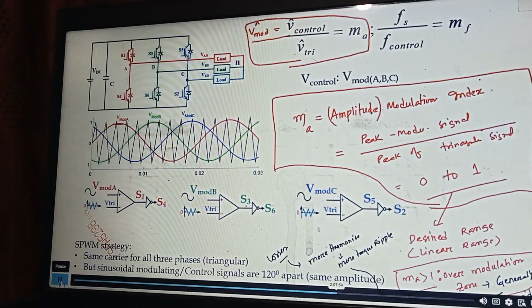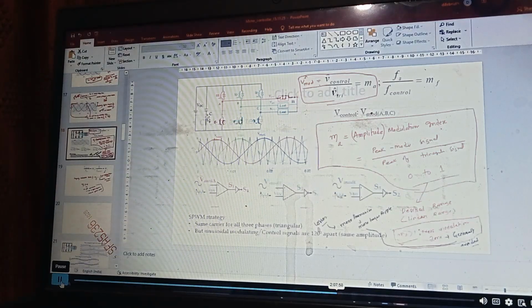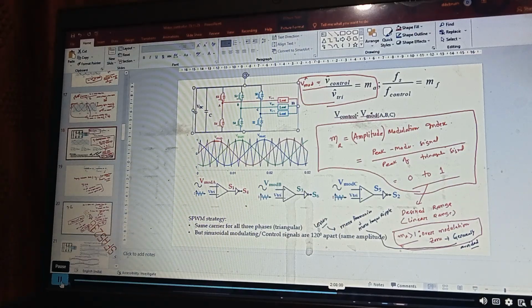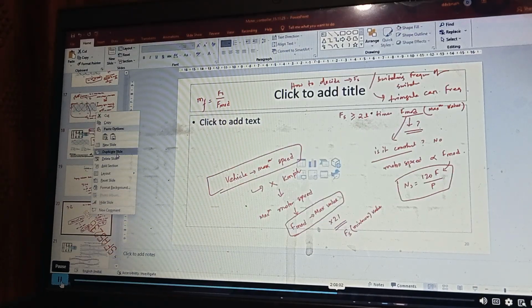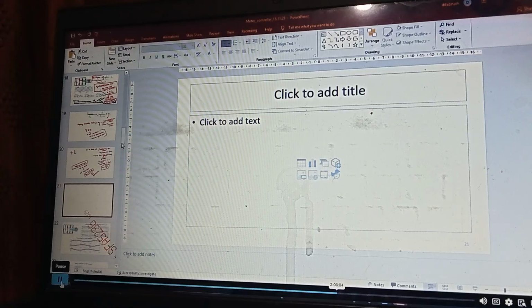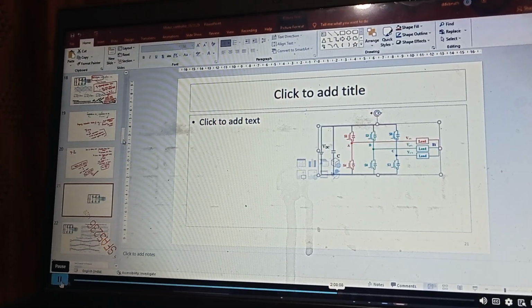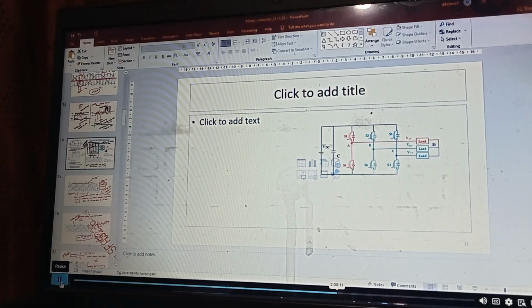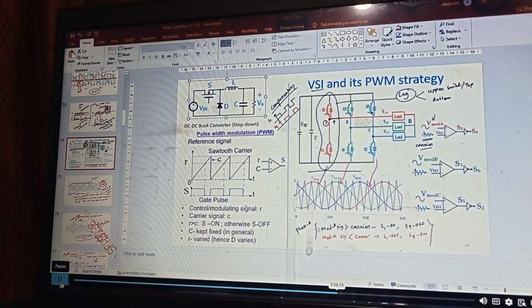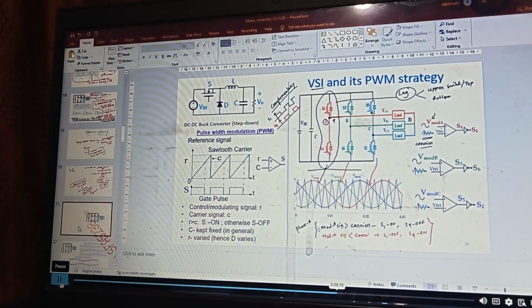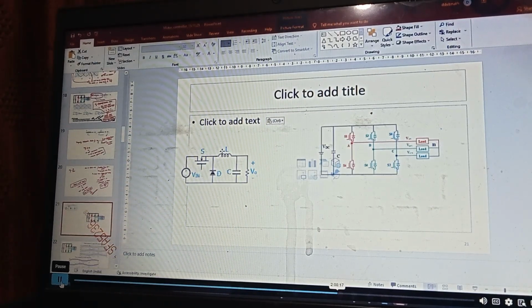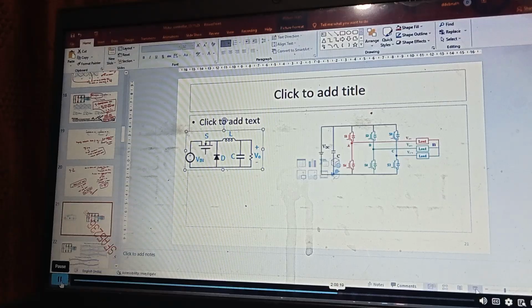Let me repeat that part. In a DC-DC converter, if you remember, at the output side, we had some capacitor, we have some inductor, right? But at the inverter output, we generally don't use any filter element. So that is the contrast difference between DC-DC and DC-to-AC converter.